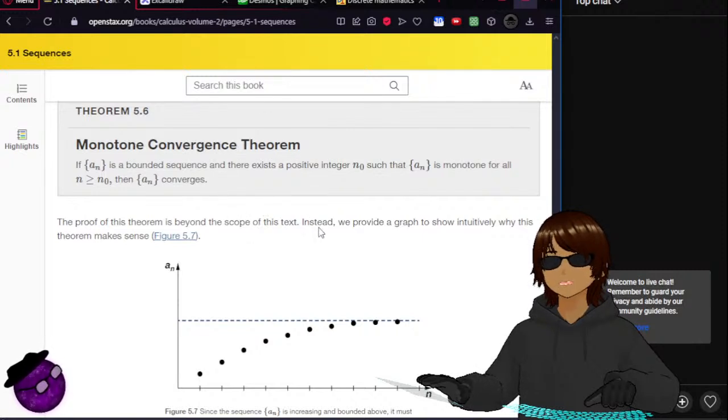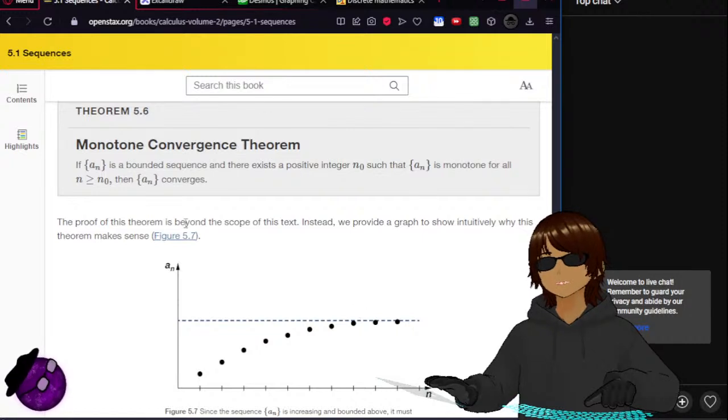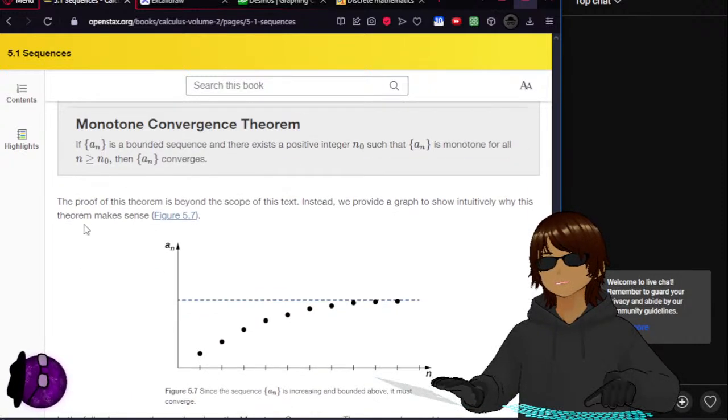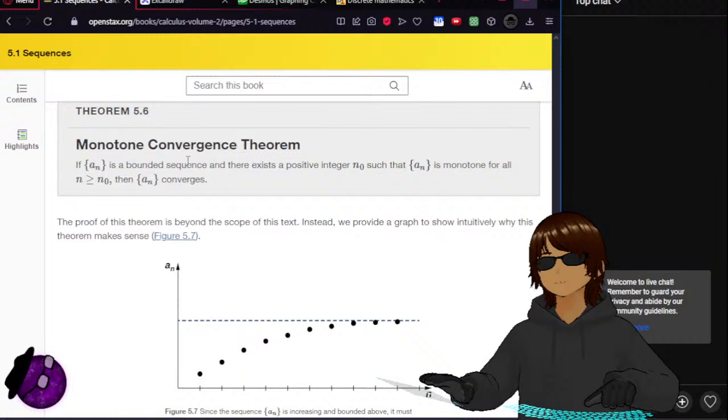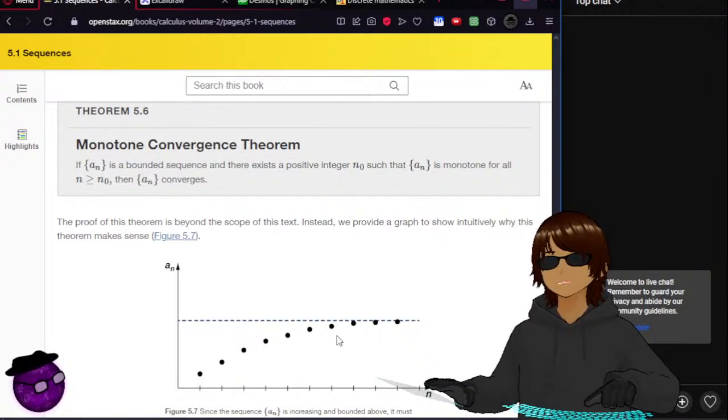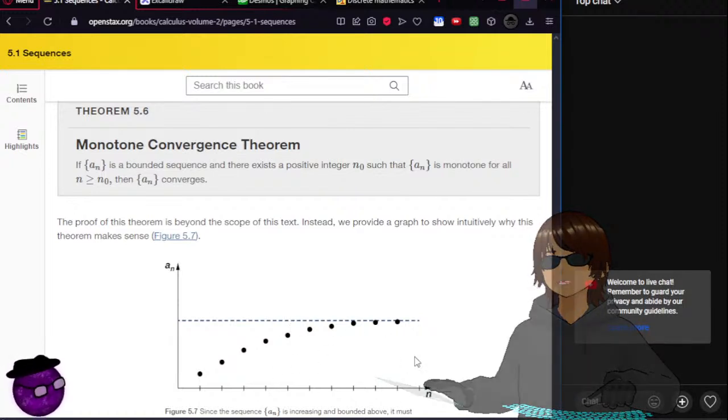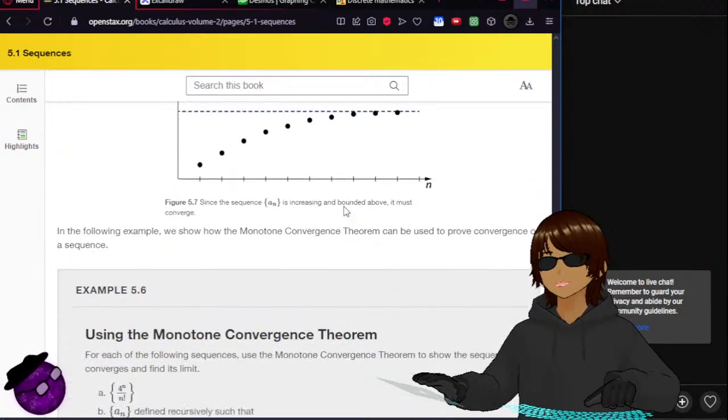Instead, we provide a graph to show intuitively why this theorem makes sense. But isn't this trivial? Because if there's a bound and it's monotone, then it's increasing or decreasing, right? Then it has to converge.